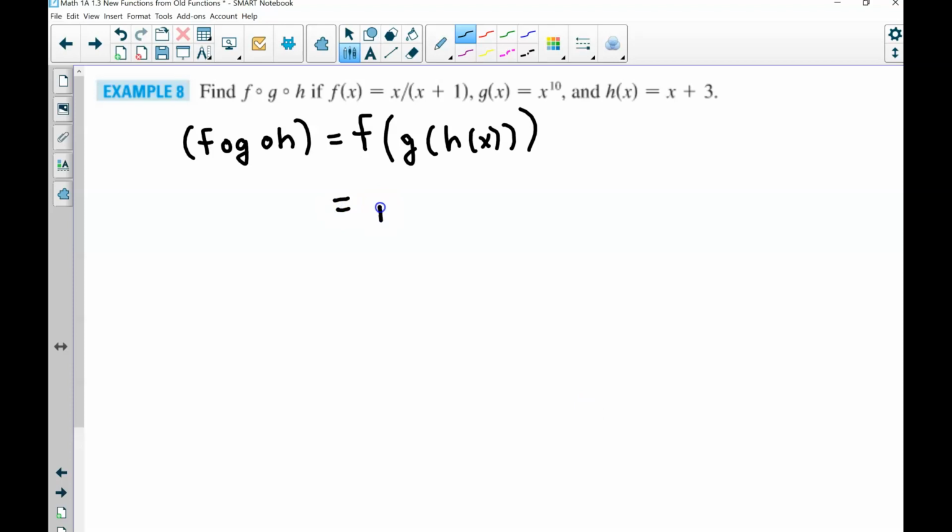So that means we would have f of g in the function h of x, which is x plus 3. So that is the input for the first one.